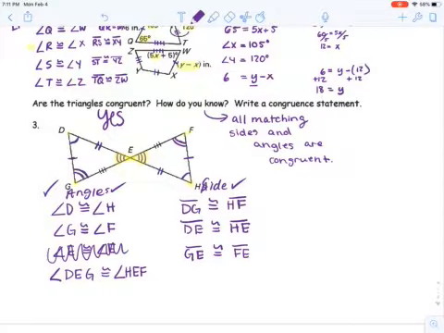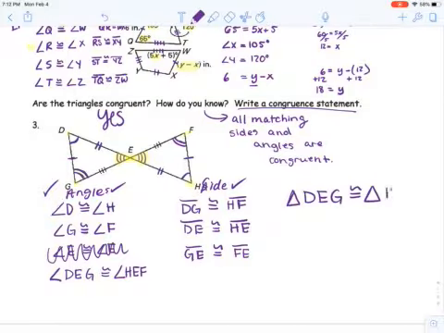And so now, last part of this example, we need to write a congruent statement. So we have triangle DEG. And it is congruent to triangle. Well, I have to match up the corresponding parts.